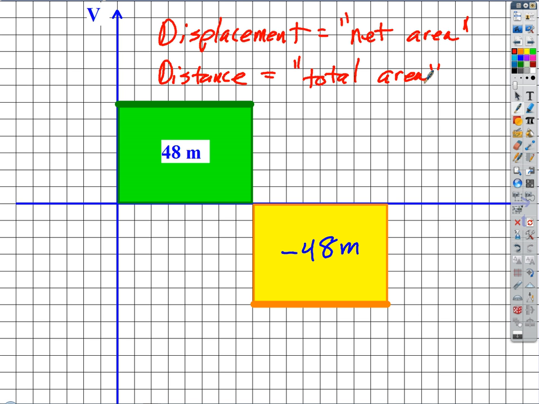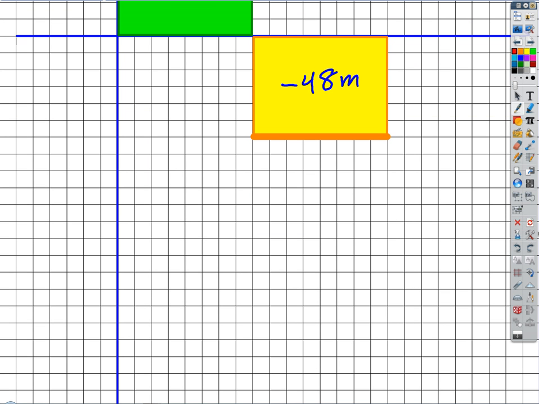Okay. Now, this is kind of a subtle point, but I want you to see this. If I just did, you tell me what's wrong with this picture. Distance equals the absolute value of the integral of f of t dt from 0 to 16.